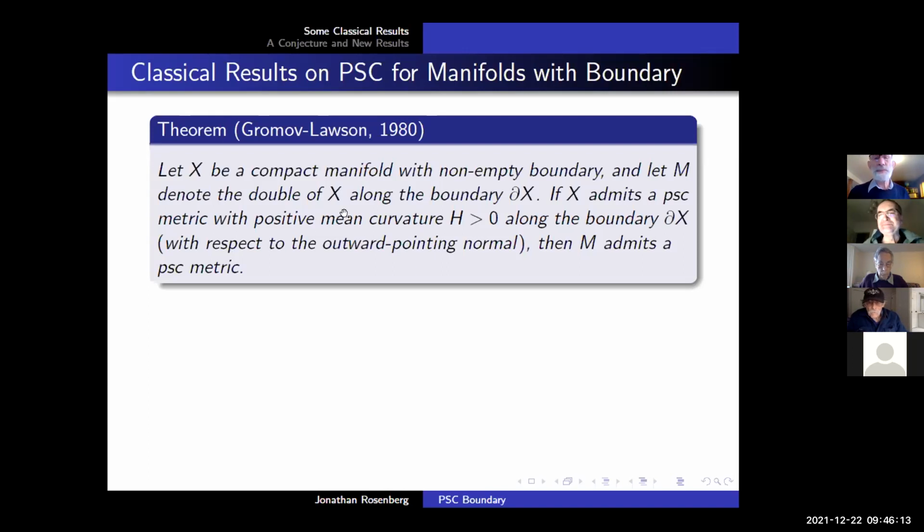In fact, let me just explain why positive mean curvature as opposed to negative mean curvature is important here. Suppose your X is a cylinder, S1 cross an interval. You can think of that cylinder as a two-sphere with disks punched out near the north and south poles.